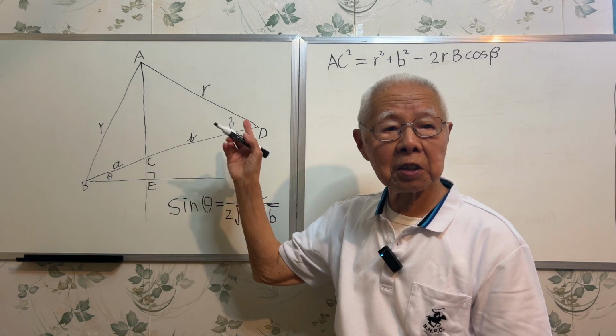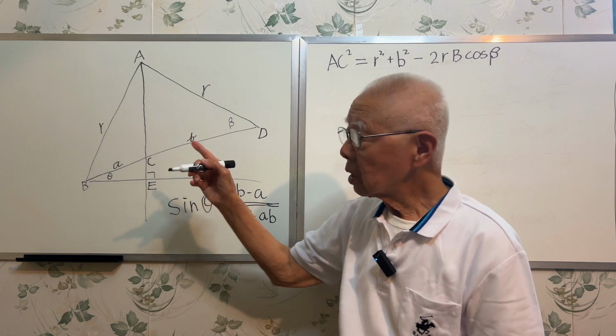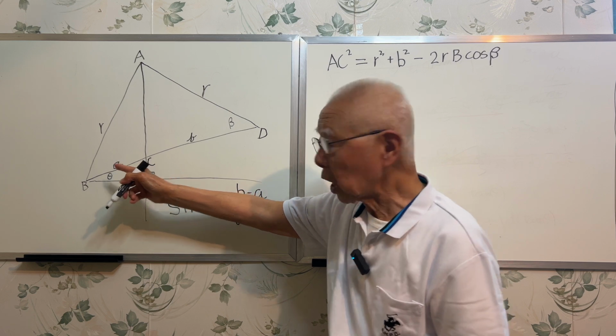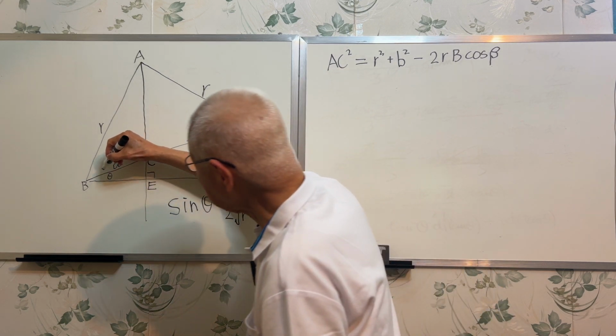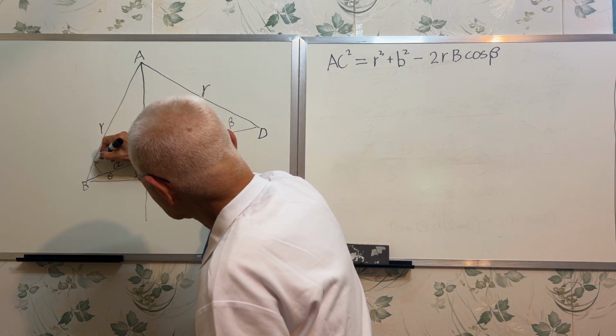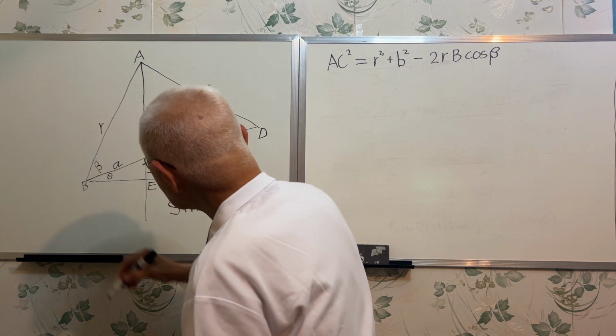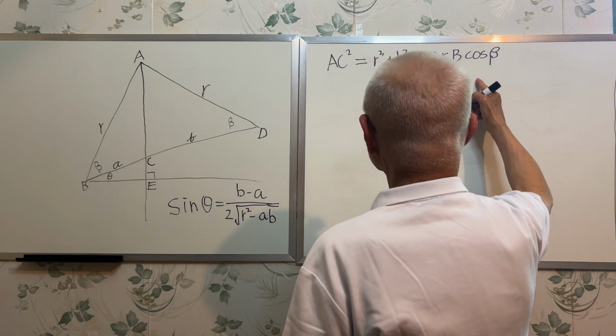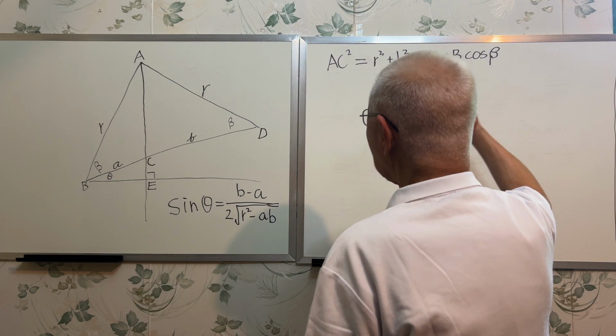Because this is an isosceles triangle, this angle beta and this angle are the same. So this is also beta. So I have one cosine law.